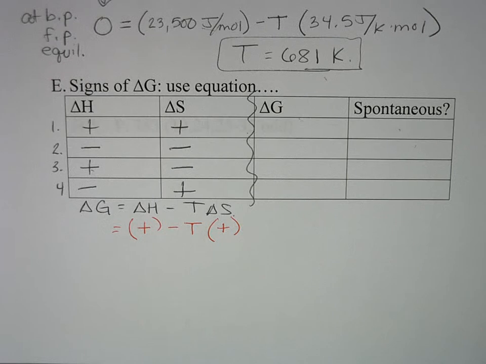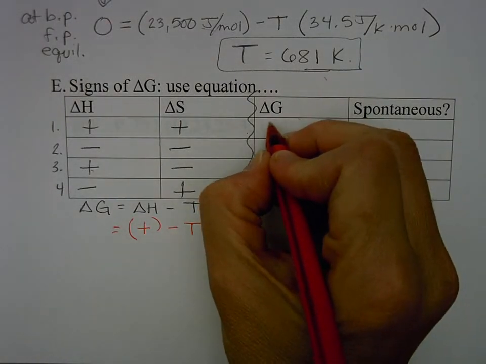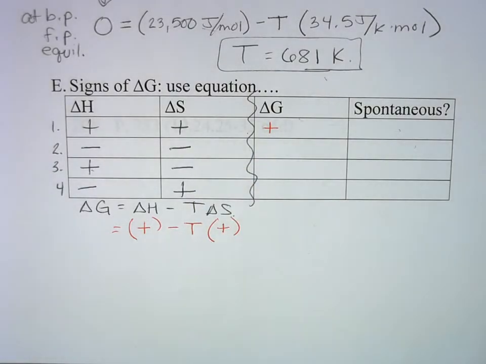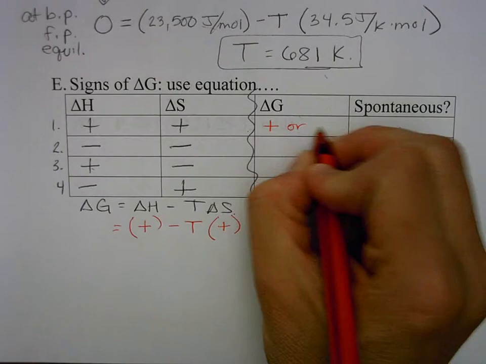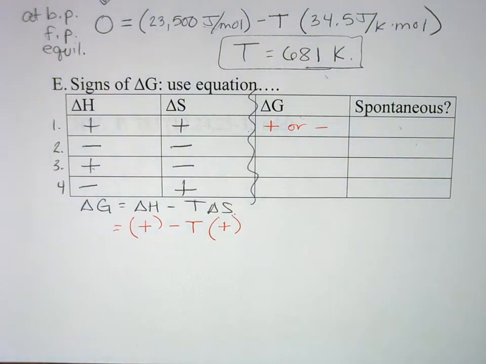I mean, 9 minus 5, do I get a positive answer? Yes, okay. And if you switch it around, can I also get a negative answer? Yes. I could have positive 5 minus positive 9 and get a negative answer. So in this combination, you can get positive or negative as a delta G.